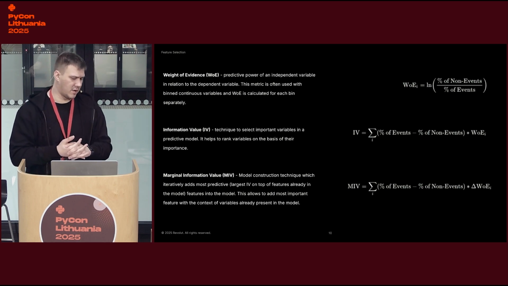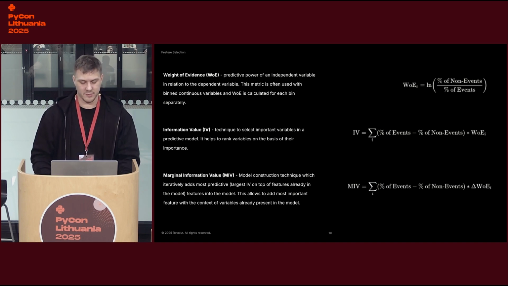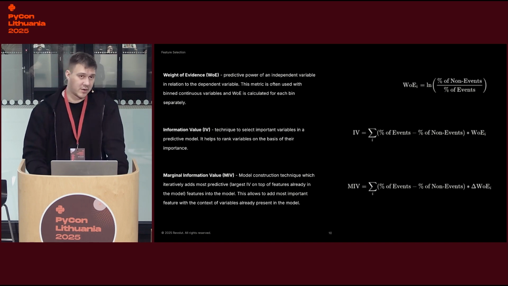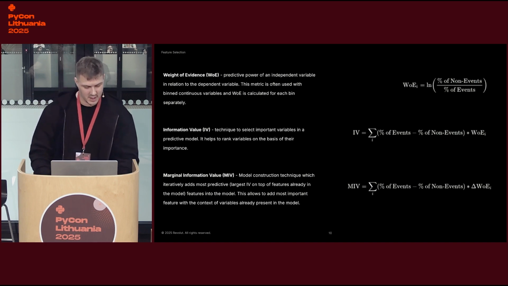There are, again, multiple techniques on how to do that, and only then we are able to calculate weight of evidence, which is essentially a natural logarithm of the ratio between non-events percentage and events percentage, where events is essentially a binary classification of 1 and non-events is zeros.